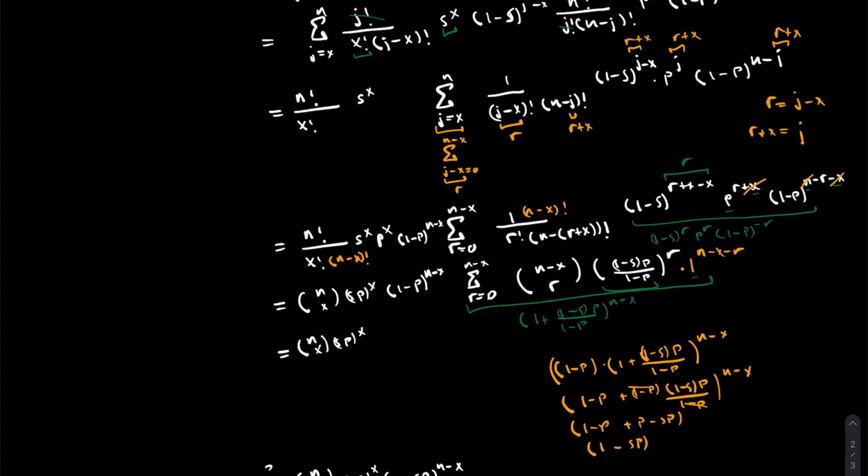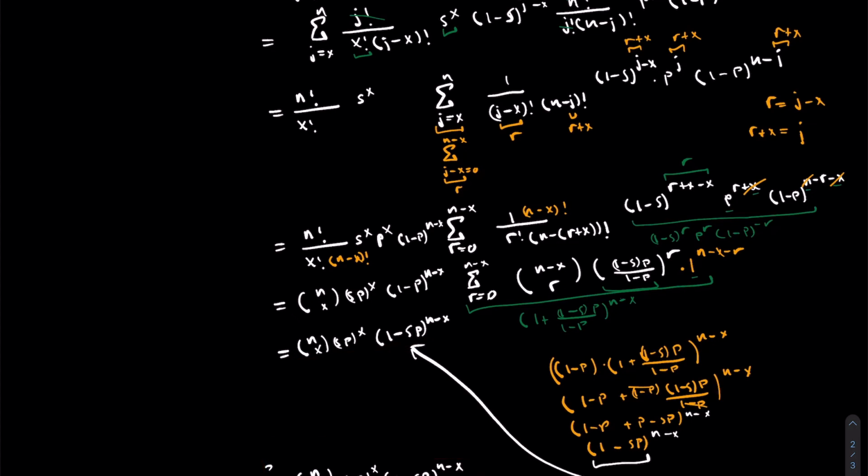And look at this. This is just now basically ending up. We've proven that this term, I'm going to write this thing here. We have the n minus x and minus x. Don't forget that. Up here, 1 minus sp to the n minus x. We've proven in fact that this thing becomes this binomial business here.